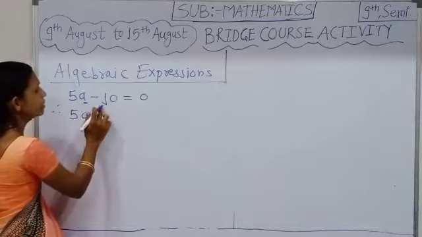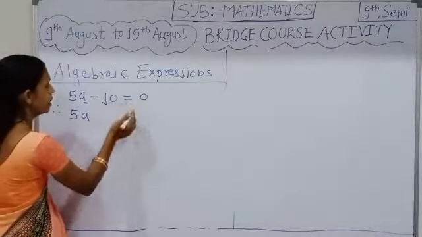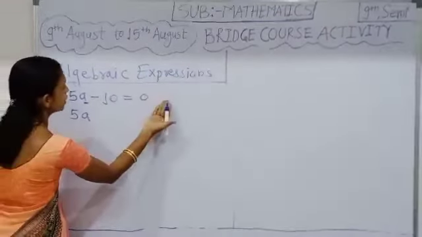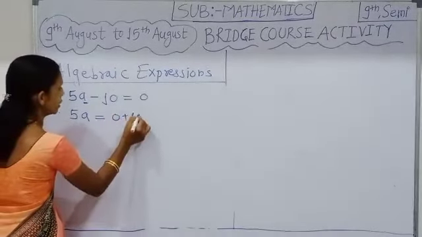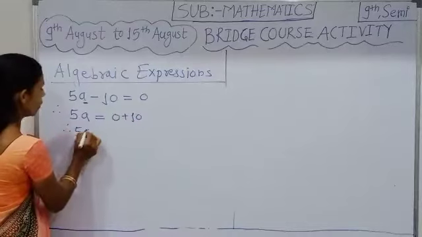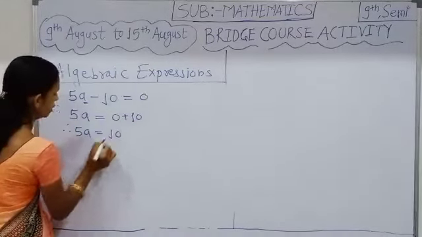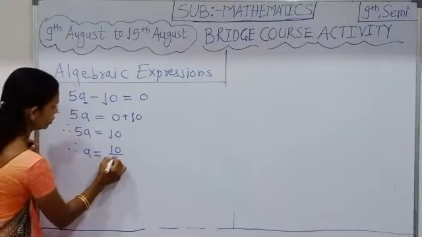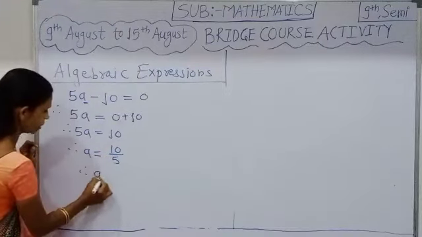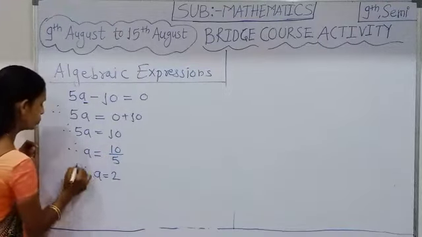Here 5a minus 10, then minus 10 is taken to the right hand side. 5a is equal to 0 plus 10. Therefore 5a is equal to 10. Therefore a is equal to 10 upon 5. Therefore here we get a is equal to 2.